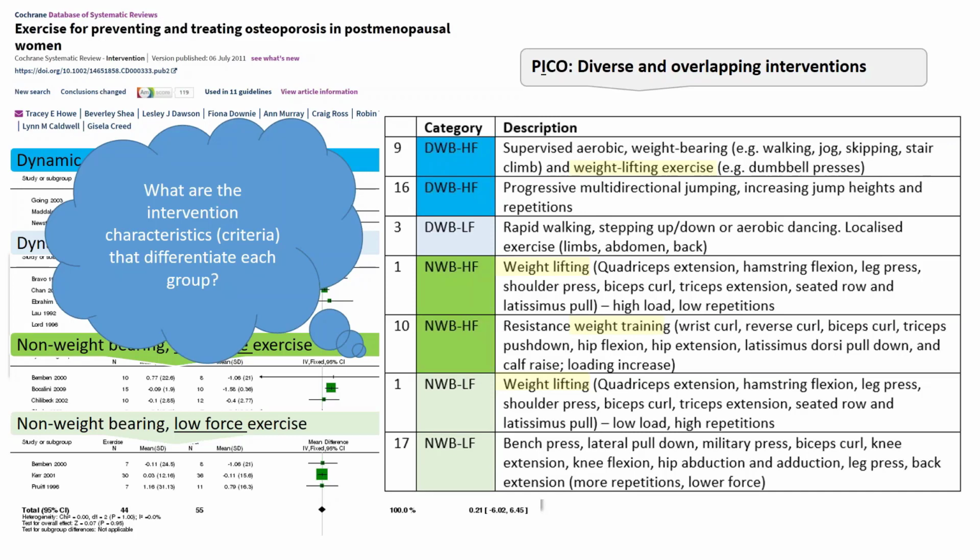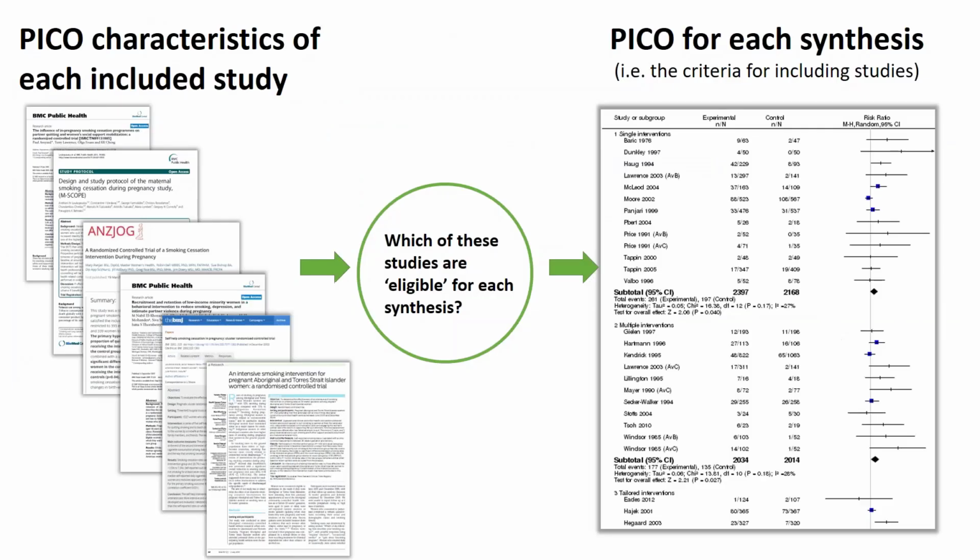It's these characteristics or criteria that are part of our PICO for synthesis, obviously in this case focusing on the I, or the intervention, of the PICO. They allow us to examine the PICO characteristics of each of our included studies and decide which of these studies are eligible for each synthesis.